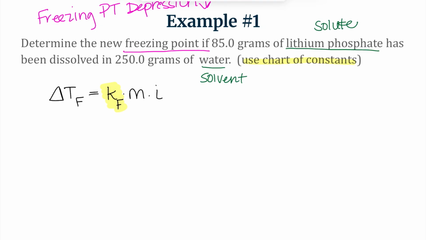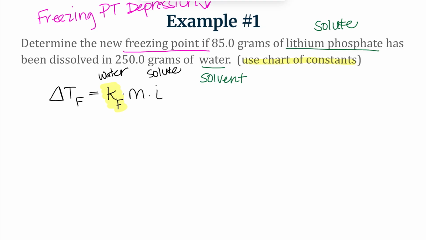And so that K value, KF, is going to be for our water because that is our solvent. Our molality is for our whole solution. Our I value is for the solute, which in this case is that lithium phosphate.